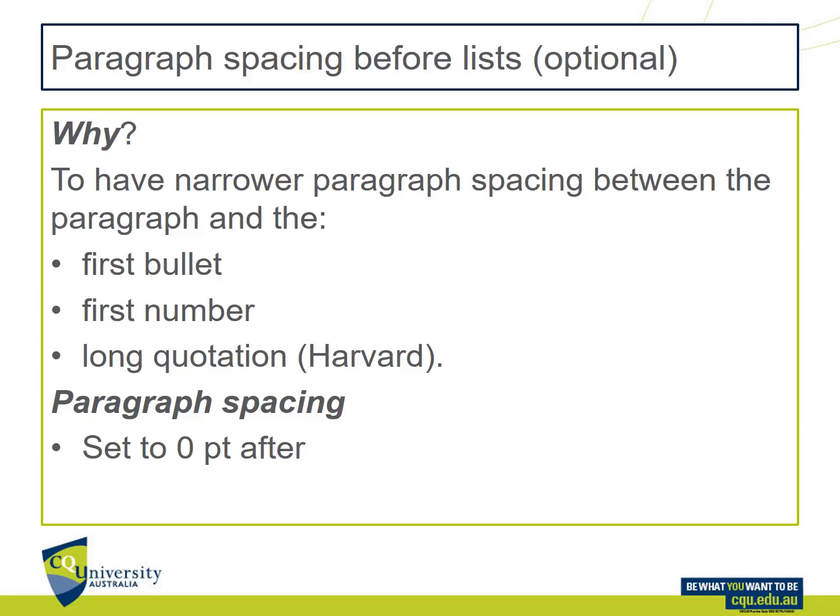I would create a style, if I were you, that had those settings. Naturally enough, you're going to take your line spacing seriously there and either stick with 1.5 line spacing for Harvard and double line spacing for APA. Remember, this is an option, it's not a must.